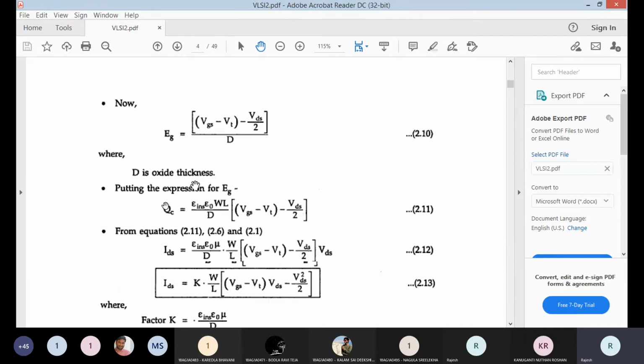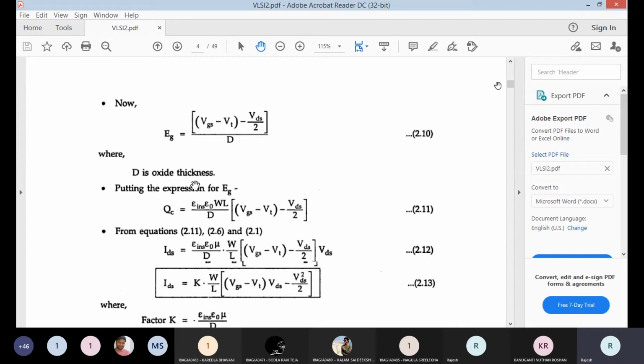Okay. Now you are having QC. Now you are having also tau SD. So what is current? Current IDS is nothing but QC by tau SD. So substituting those parameters, QC by tau SD, we get one equation like this.